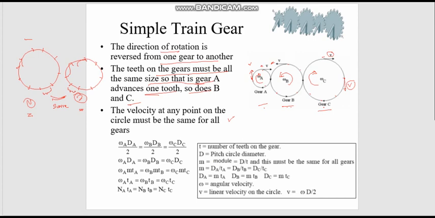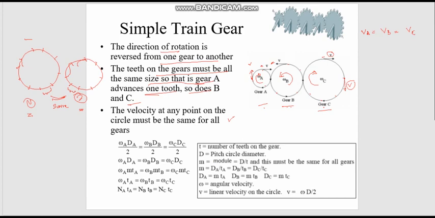So with that, we can say that the velocity at gear A equals the velocity at gear B, which must equal the velocity at gear C, right?